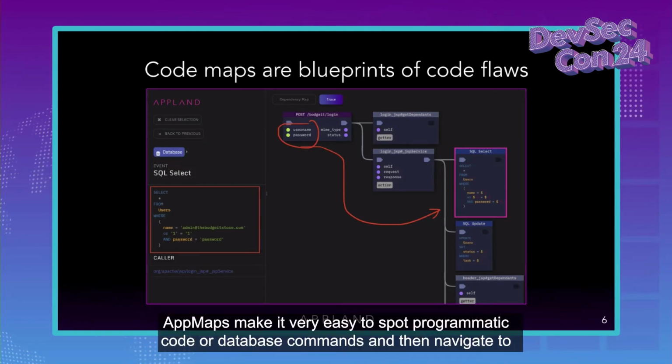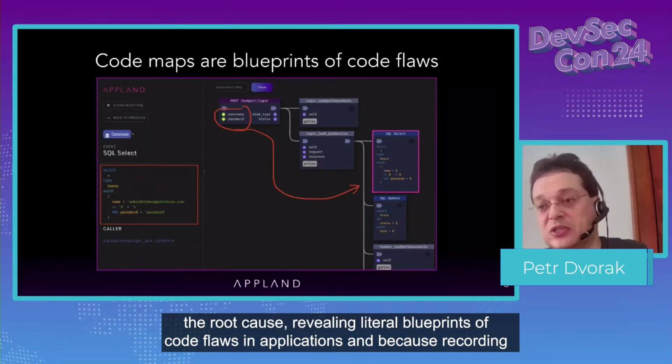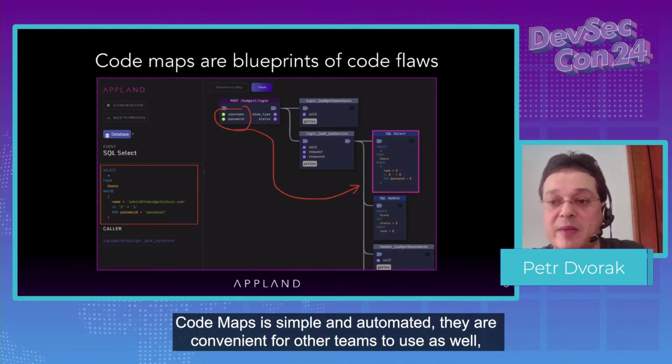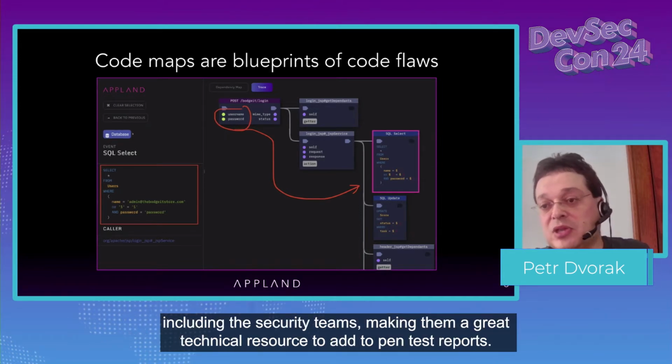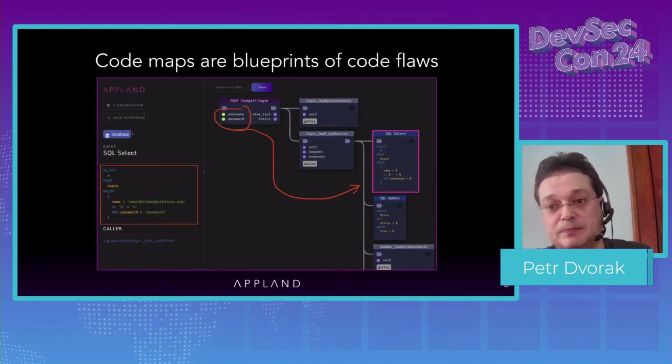AppMaps make it very easy to spot problematic code or database commands, and then navigate to the root cause, revealing literal blueprints of code flaws in applications. And because recording code maps is simple and automated, they are convenient for other teams to use as well, including the security teams, making them a great technical resource to add to pen test reports.